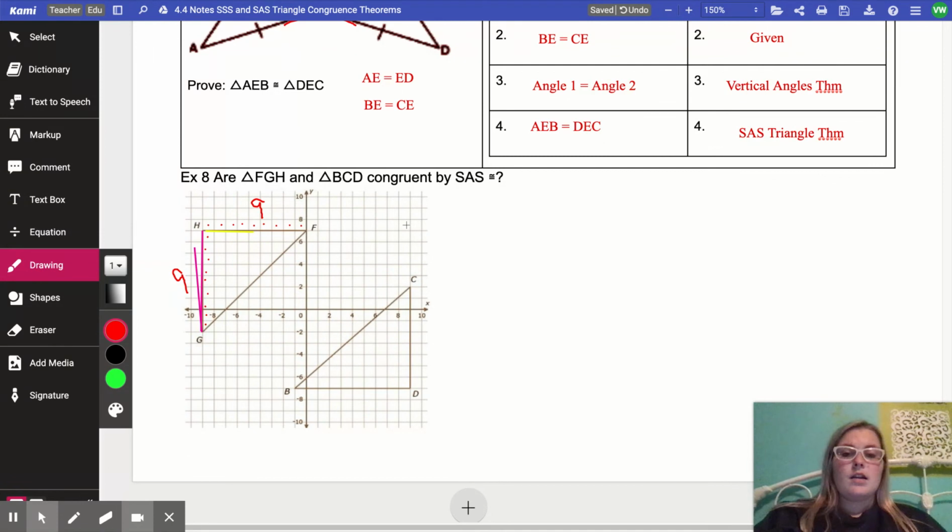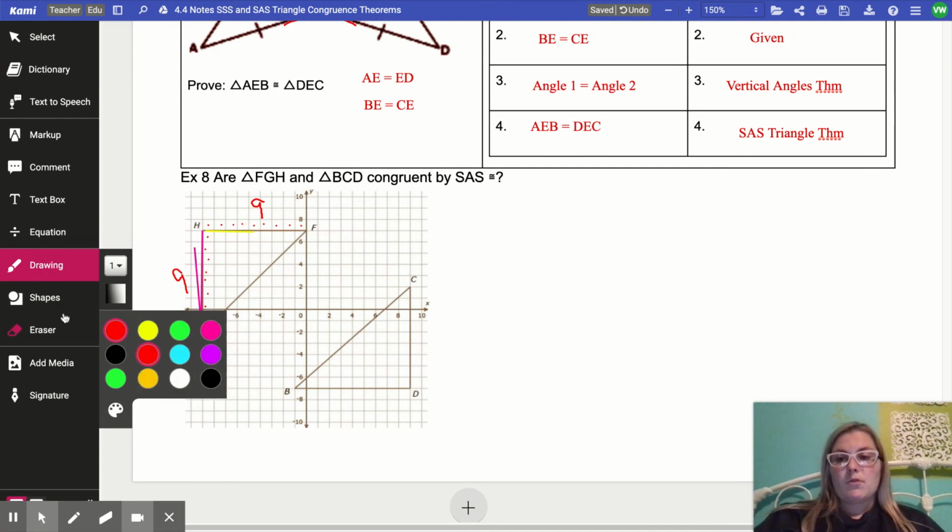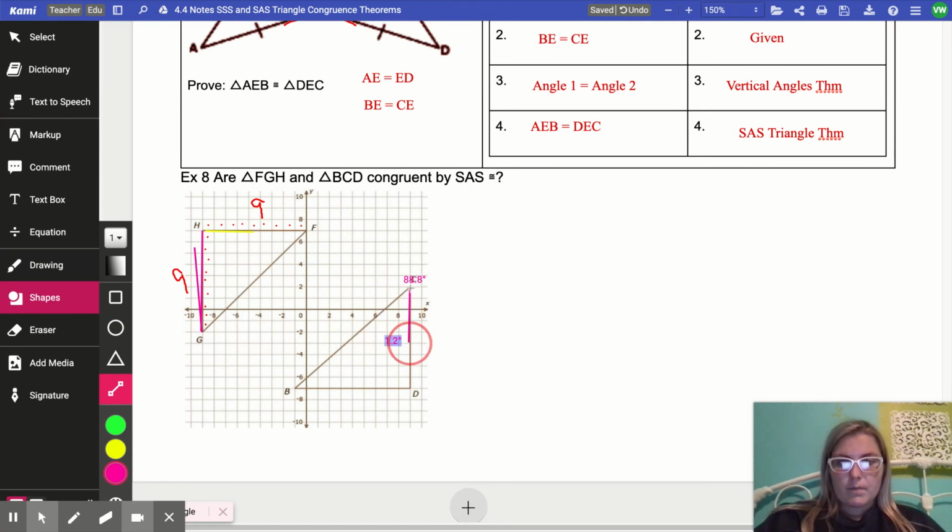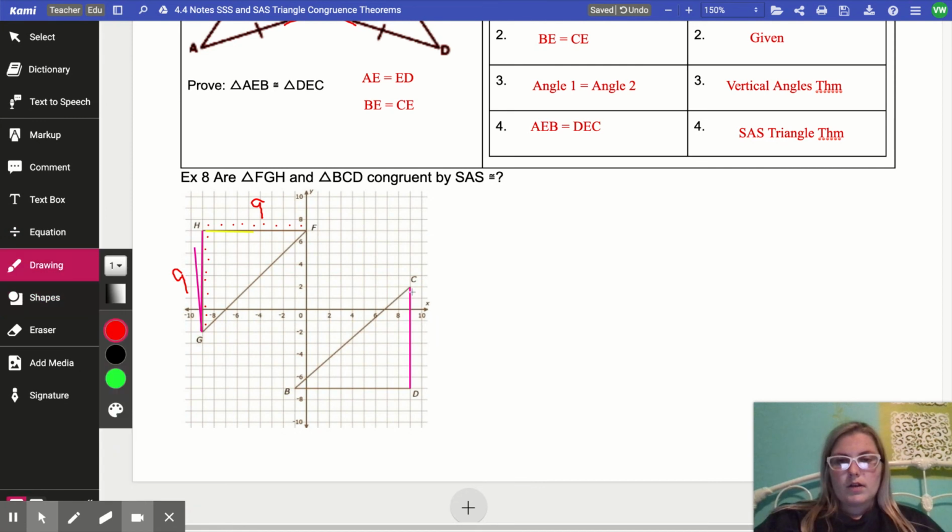Now I need to check if those two sides are equal to these two sides over here. So from B to D and from C to D. So I'm going to start from C to D. So I get 1, 2, 3, 4, 5, 6, 7, 8, 9.